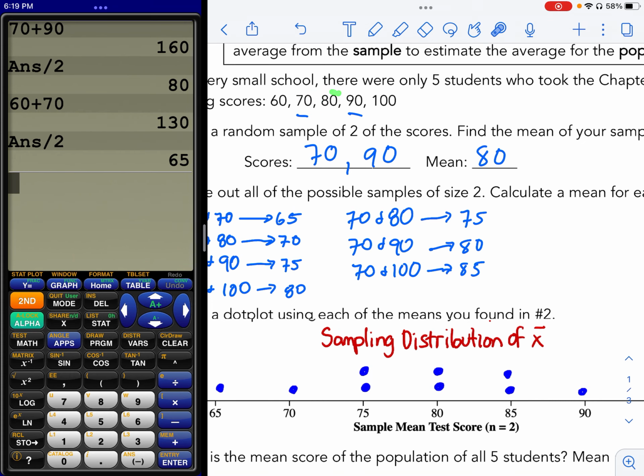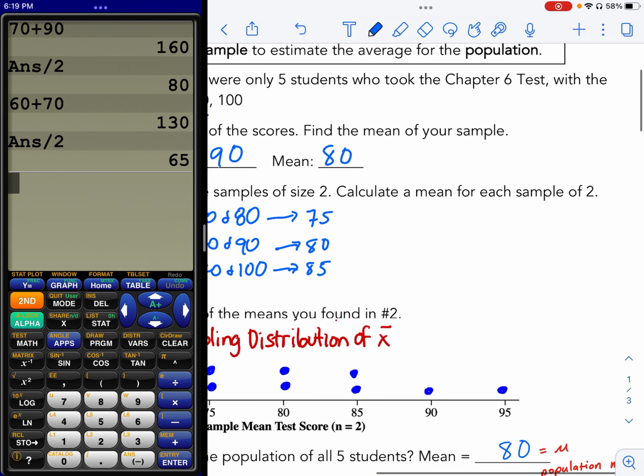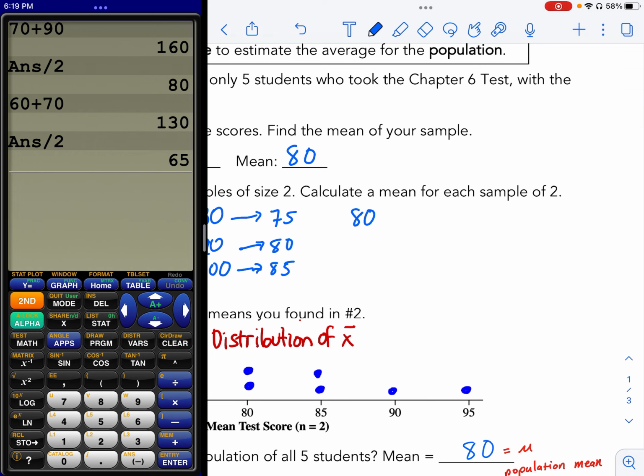Now about 80. 80 can go with 90 or 100. 80 and 90, 80 and 100. That's 170 divided by 2, which is 85. This is 180 divided by 2, which is 90.